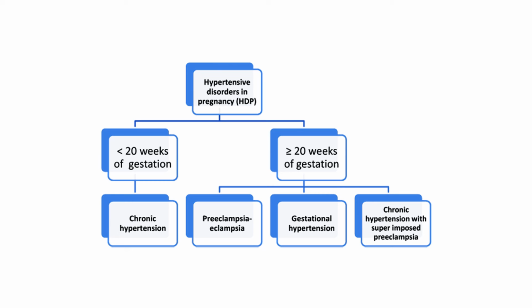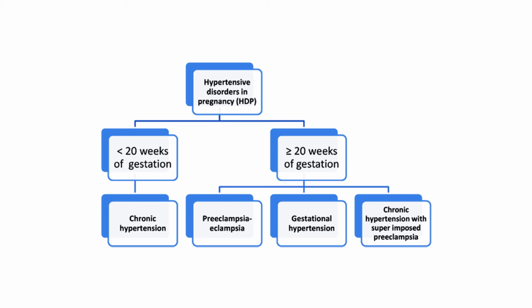This is hypertension that predates pregnancy, or this is hypertension that occurs less than 20 weeks of gestation. In addition to that, we also defined chronic hypertension as hypertension that occurs after 20 weeks of gestation and continues 12 weeks postpartum.